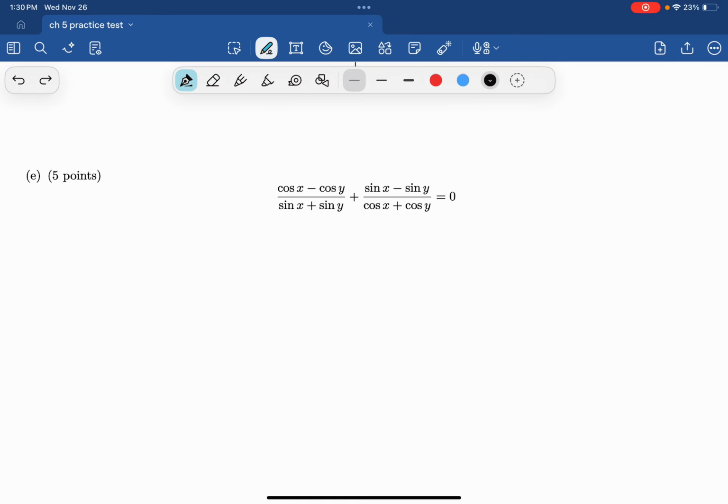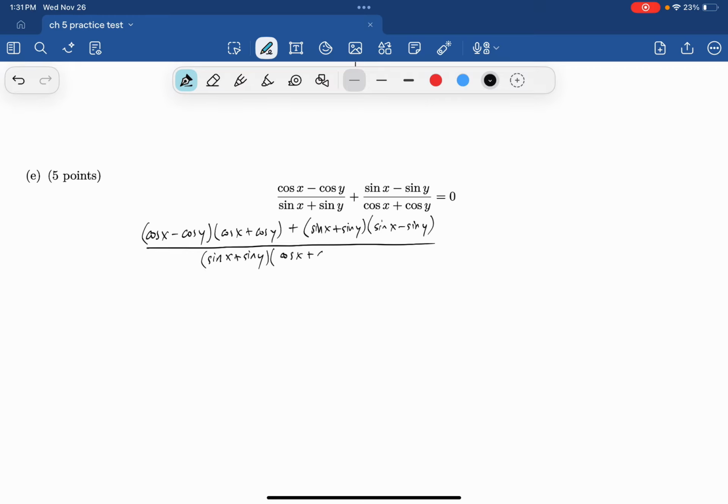So that becomes cosine x minus cosine y times cosine x plus cosine y plus sine x plus sine y times sine x minus sine y. And that's all over sine x plus sine y times cosine x plus cosine y.